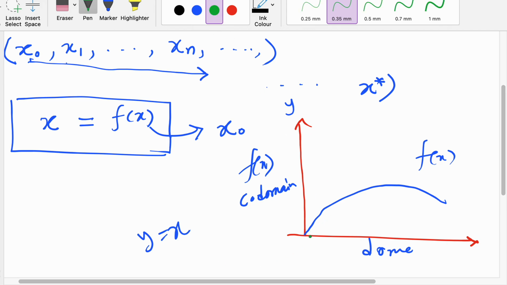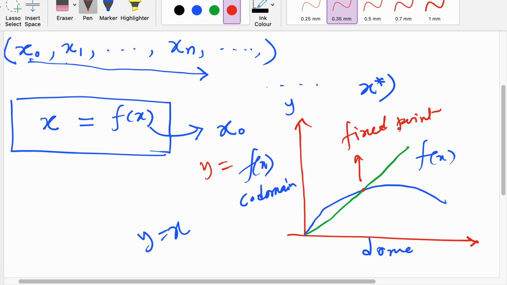Where y equal to x and y equal to f(x) cross each other, or where they intersect, this point is called the fixed point of the map.